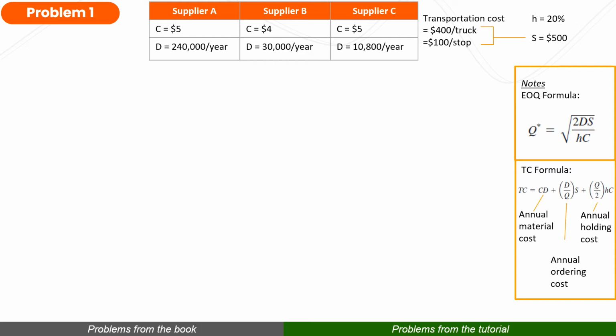Okay, so when we want to decide whether we purchase separately or aggregately, we need to compute the total cost for each option, and then we compare it.